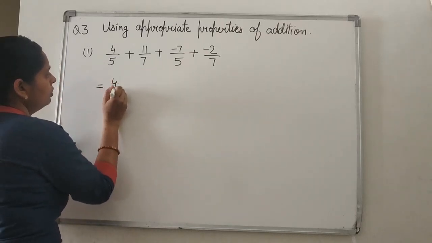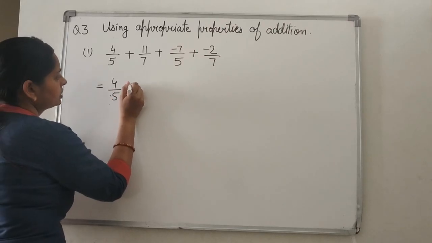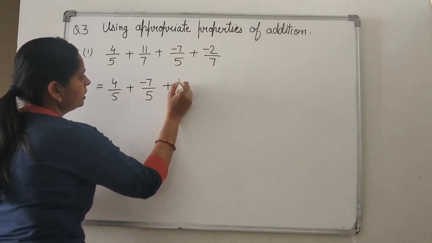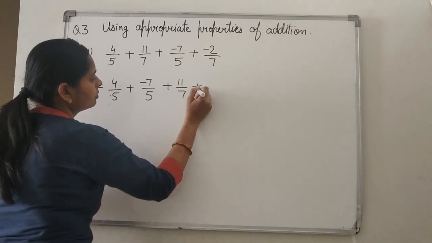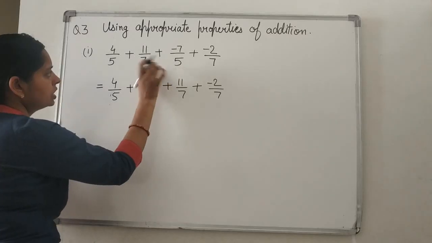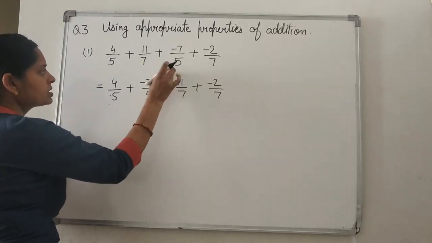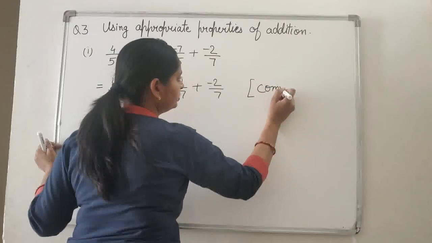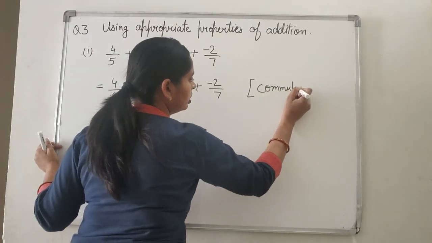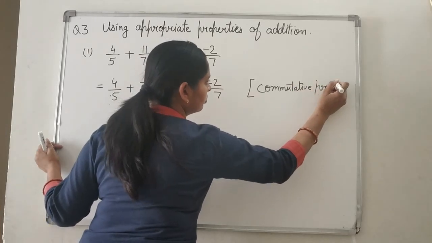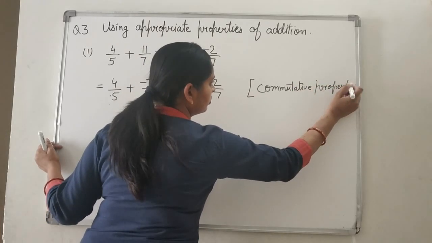So you will do 4 by 5 plus minus 7 upon 5 plus 11 upon 7 plus minus 2 by 7. So what we have done, we have switched these two places. And switching in the places is what we have used? We have used commutative property. Right?